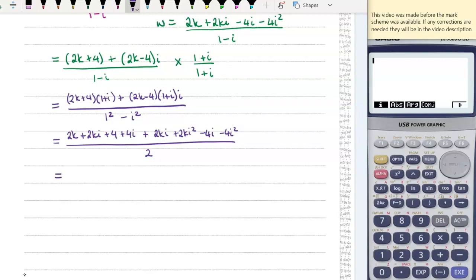Okay, we're getting a bit closer. The 4i cancels with the minus 4i here, and then what we're left with is this one at the end of our expression here. Minus 4 times i squared is a plus 4. We have a 2k.